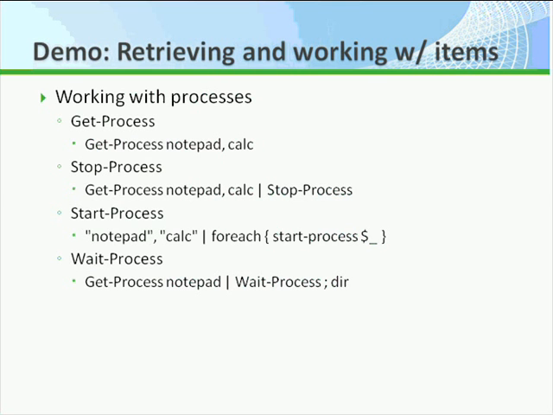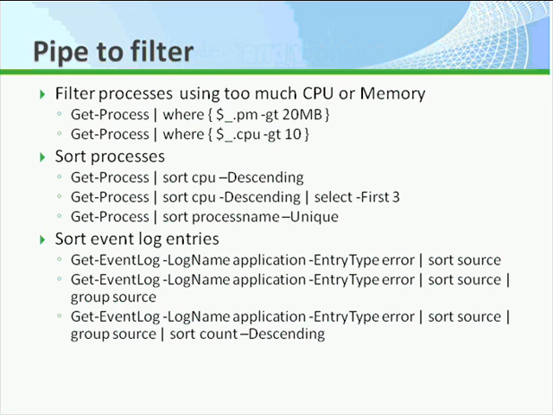So for instance, I can use Get-Process, and that gives me the listing of process objects. And after I have those process objects, I may want to look at the amount of memory being used, or the amount of CPU time being used, or something like that. Quite often I need to sort processes because I'm wanting to look at something.